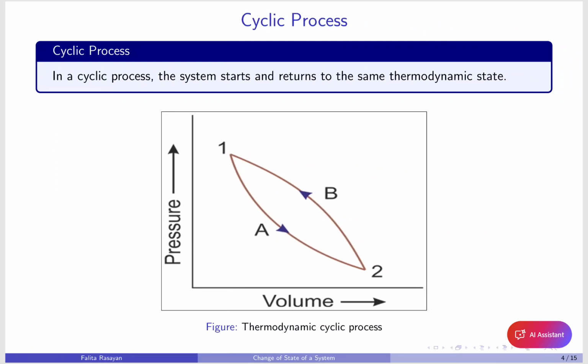Say the system starts at point 1, it takes path A and goes to point 2, that is state 1 and state 2. Then it takes the B path and it circles back to state 1. This is of course a pressure volume curve. So this is what we call a cyclic process.